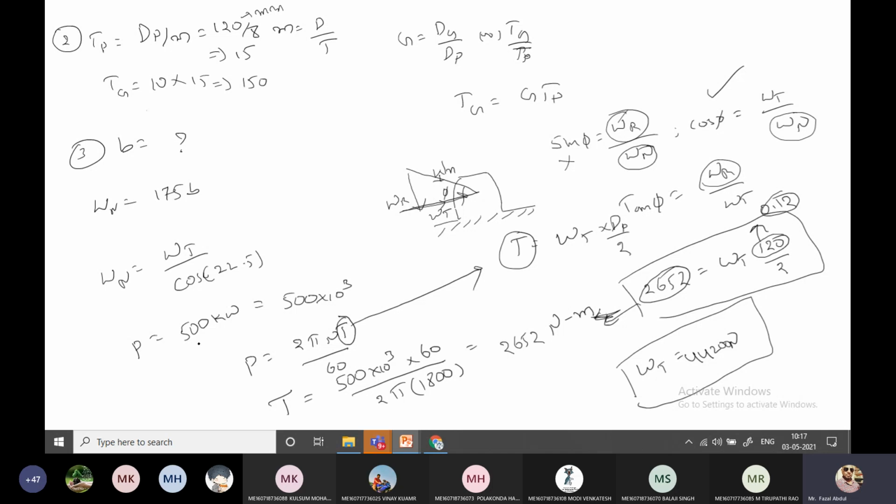Now substitute the Wt value in this equation: 44,200 by cos 22.5. Now tell me the answer. 44,200 by cos 22.5.